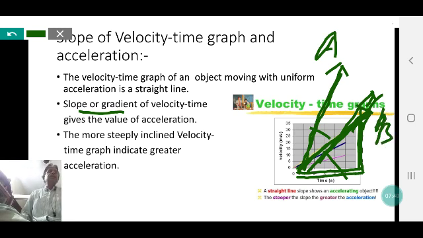The steeper the graph, the greater the value of the acceleration. That will be discussed here.